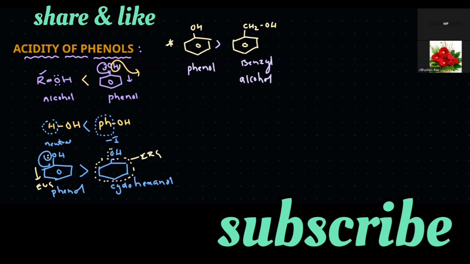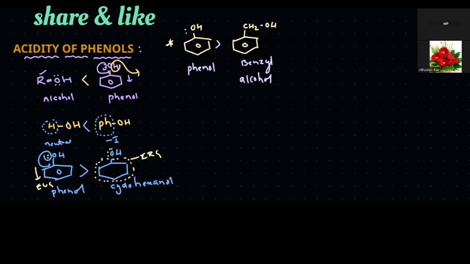Why? Because the oxygen is directly attached to the benzene, so a resonance or mesomeric effect and conjugation are possible. But in benzyl alcohol, the OH group is not directly attached to the benzene ring, so the phenyl group acts as a minus I group. Compared to the resonance or mesomeric condition, the minus I group withdraws electrons less effectively. That's why phenol is more acidic than benzyl alcohol.